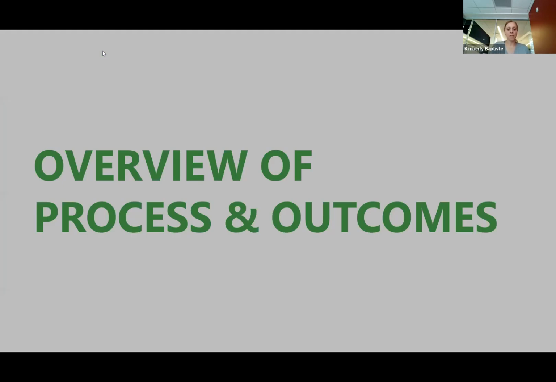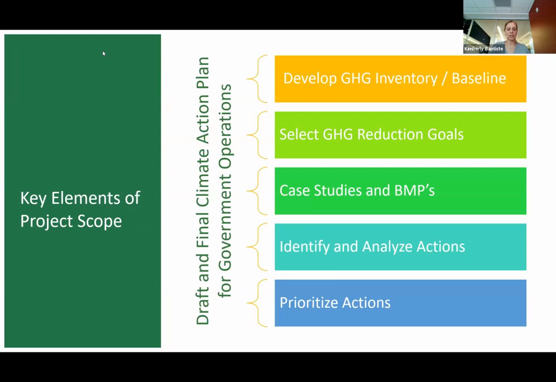So from an overview of process and outcomes, I actually realized as I was looking at this list, data collection really should have been at the top of this, and actually where we are in the process, right at the top of this list. But the primary tasks are really to collect the data to inform the GHG baseline inventory, select our reduction goals, and then ultimately everything we do from there is going to be what activities can we undertake from a county government operations level to achieve those goals for greenhouse gas reduction.